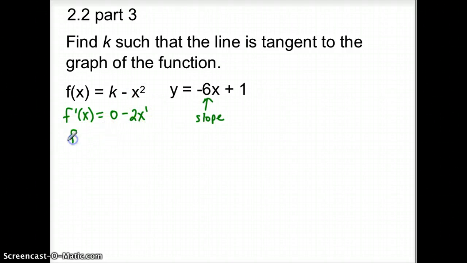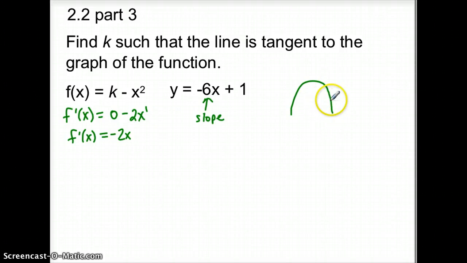So the derivative of any tangent line of this graph will have the slope of negative 2x, depending on what that x value is. So k minus x squared looks something like this. Because it's a negative x squared, we know it's going to be an upside down parabola.